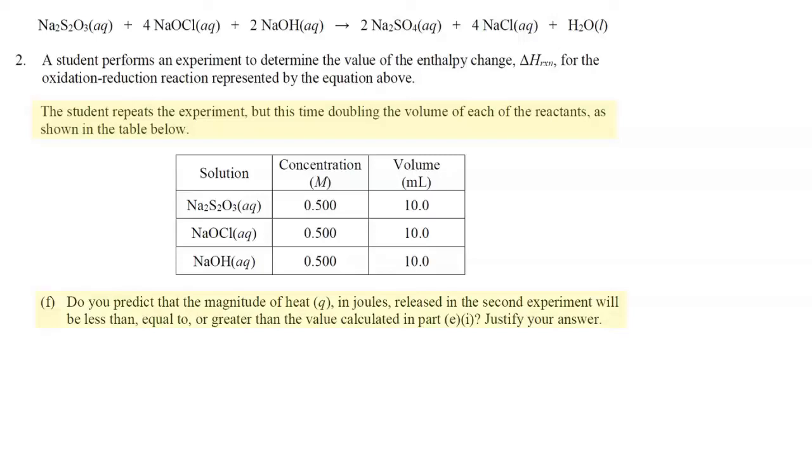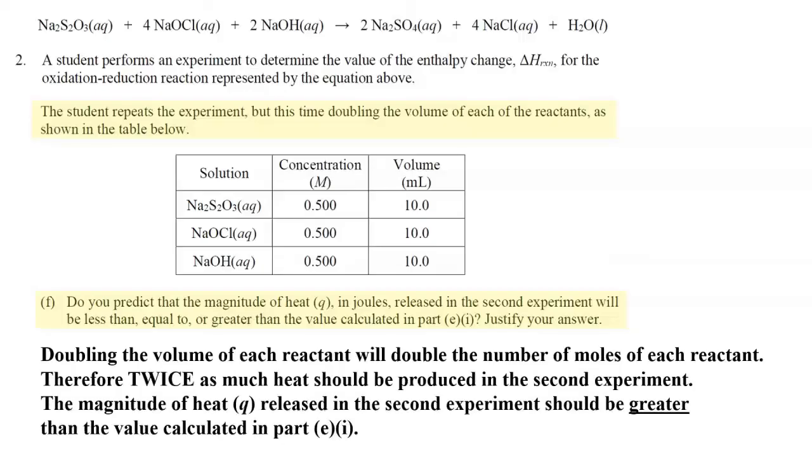So part F, do you predict that the magnitude of heat, Q, in joules released in the second experiment will be less than, equal to, or greater than the value calculated in part E-I? That was like 749 joules of heat released. Well, we are doubling all three of the reactants. So what does this do to the Q, or the amount of heat released?